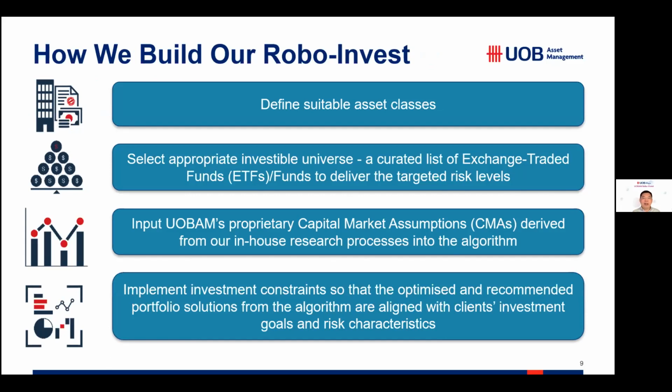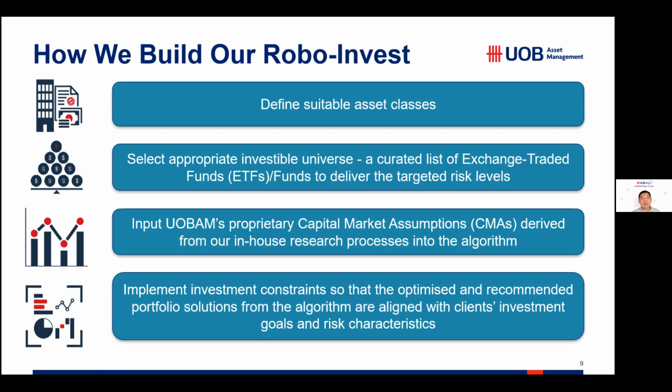And then after that, we select the appropriate investable universe, meaning this is a curated list of exchange traded funds or unit trusts to deliver the targeted return for the risk level.